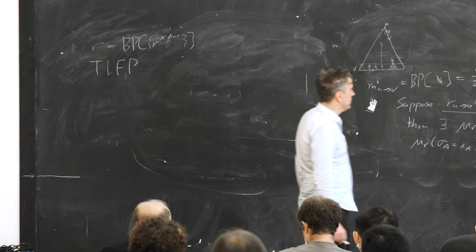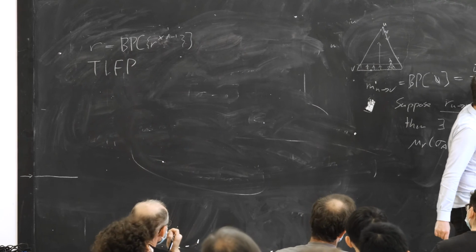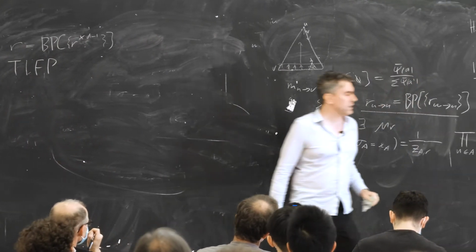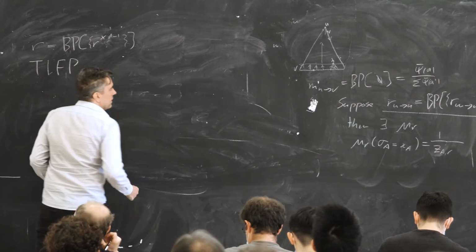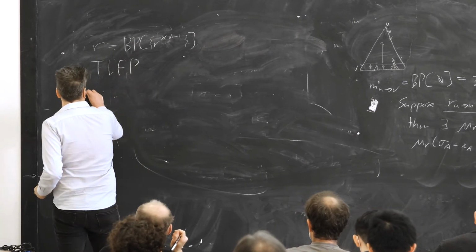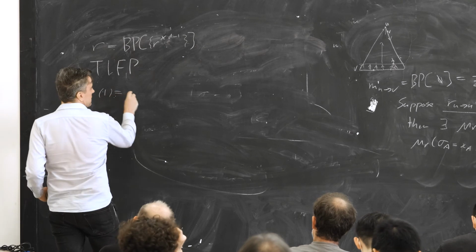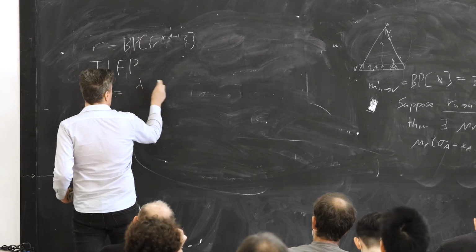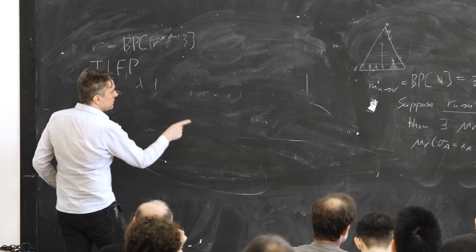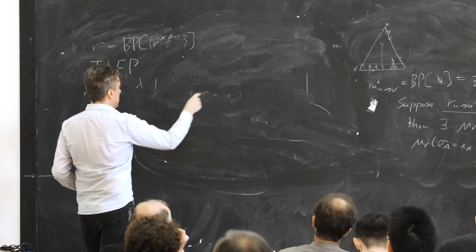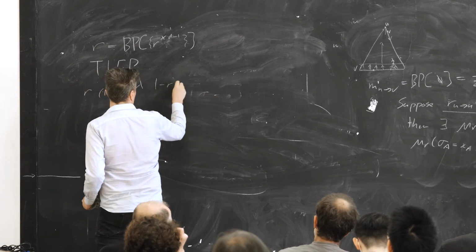So if we look at, say, the hardcore model and the Ising model, and we just want to find an R that's fixed, well, we'd have R1 equals lambda, and the 0 value is 1 minus the 1 value.